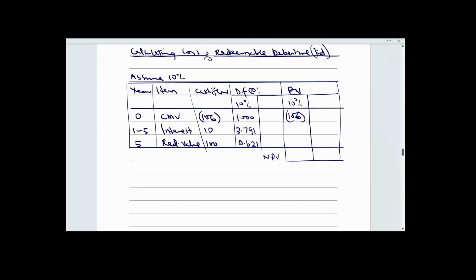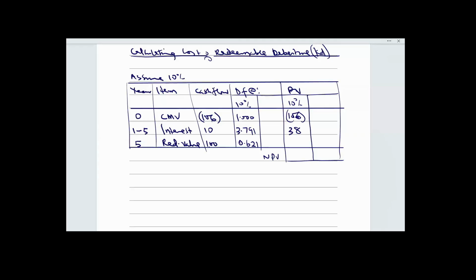Now, to get the present value, you are supposed to multiply the cash flow with the discount factor. So 10 multiplied by 3.791 will give us 37.91. Am I correct? Let's do round figure. So round figure is 38.